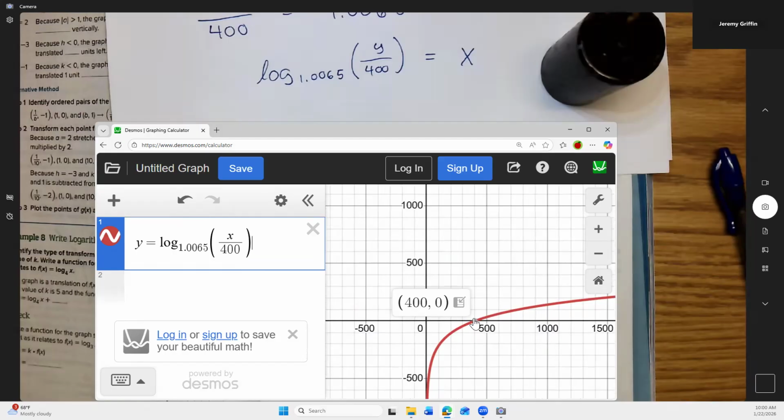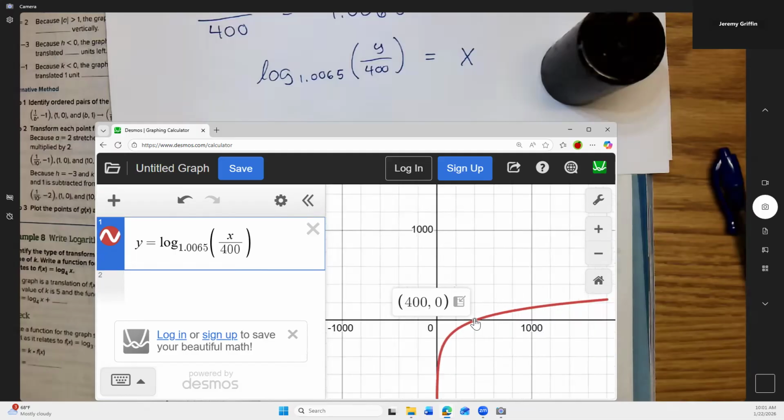So you guys see that coordinate 400, 0. Right, so for a $400 price, 0 years have passed, because that's the initial price of the guitar, right? The value can only be positive, so the value of the guitar can only be positive after that, right? Hence the domain restriction.